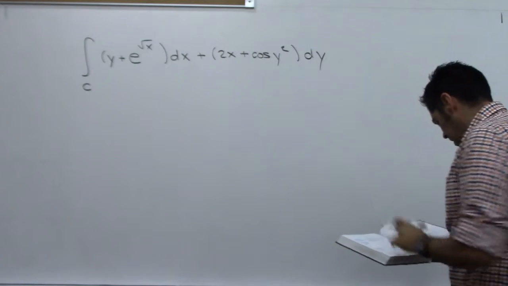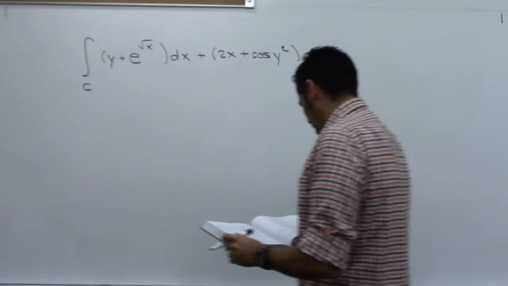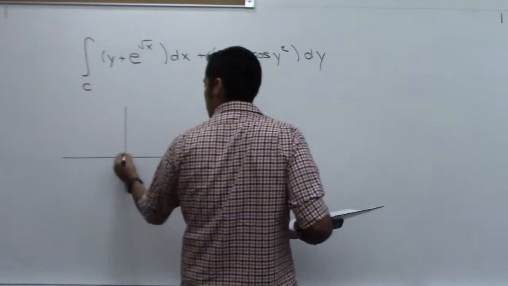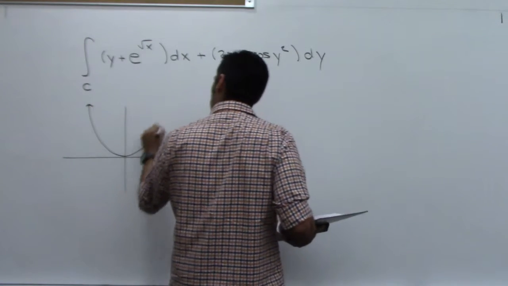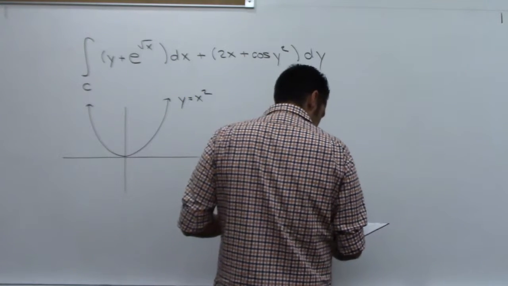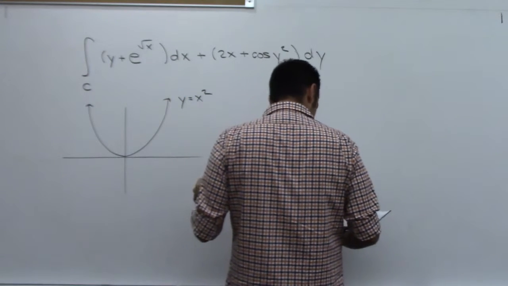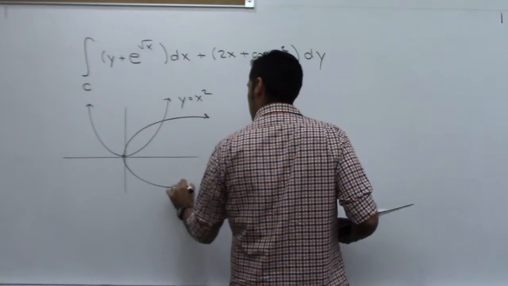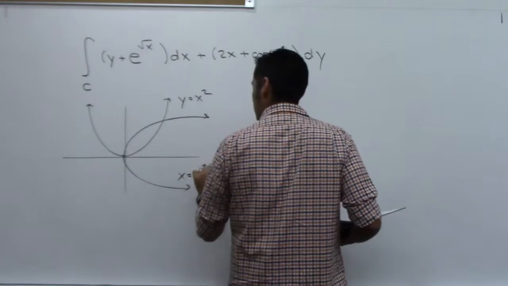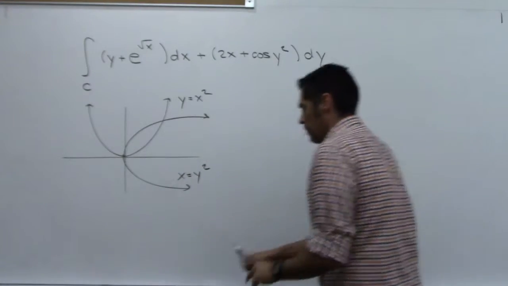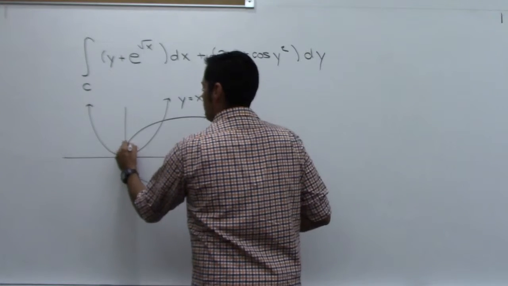And our C is the boundary of the region enclosed by the parabolas y equals x squared, which looks like this, and x equals y squared, which looks like this. And so the region enclosed by both of those is the region in here.